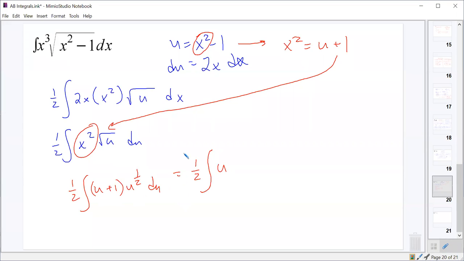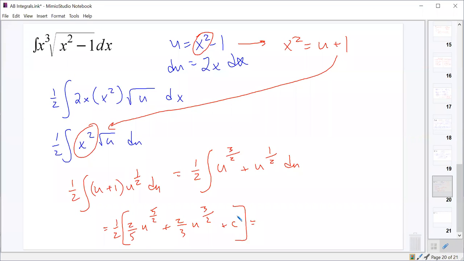Yep. U times u to the 1/2 is u to the 3/2. And 1 times u to the 1/2 is u to the 1/2. And then you just integrate. So we got 1/2. The integral of u to the 3/2 ought to be 2/5 u to the 5/2. And the integral of u to the 1/2 ought to be 2/3 u to the 3/2.